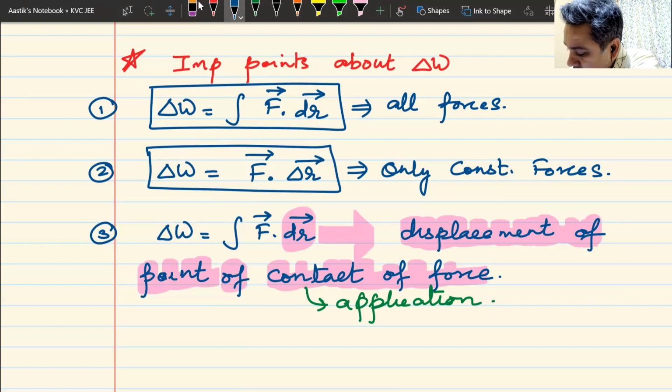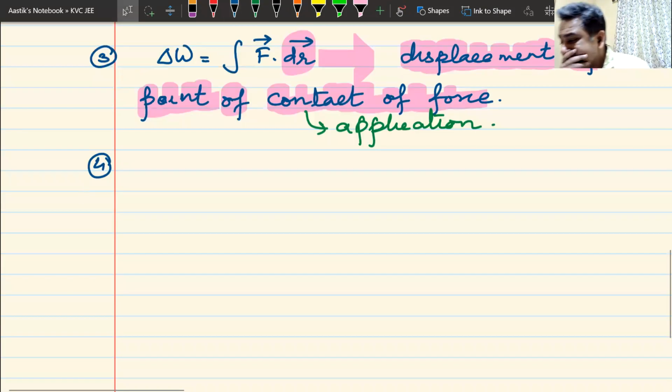I'll make it point number 4. Now, what is this displacement of point of application of force?